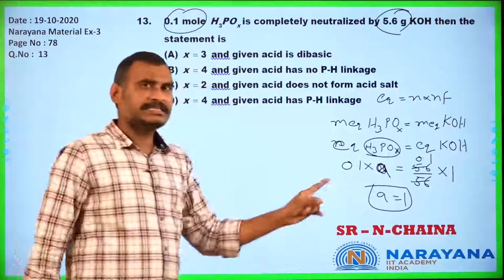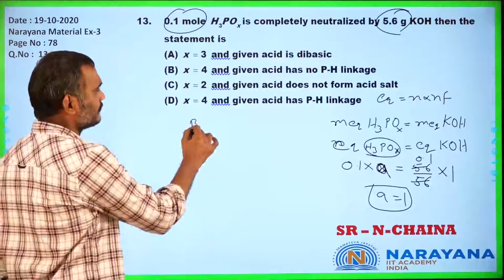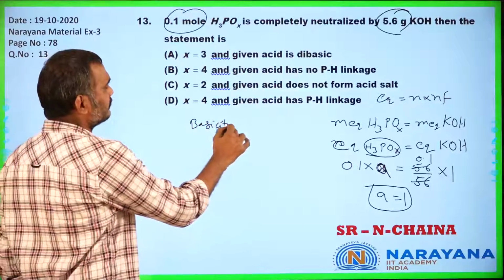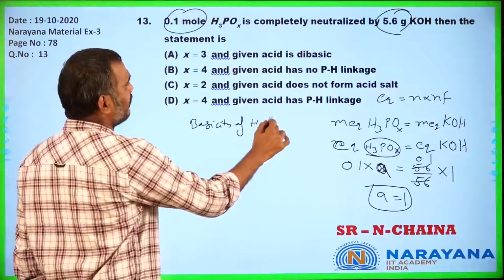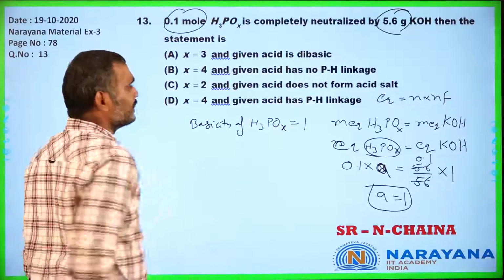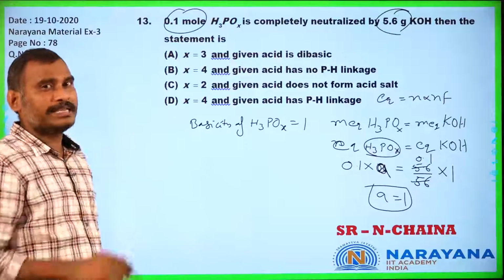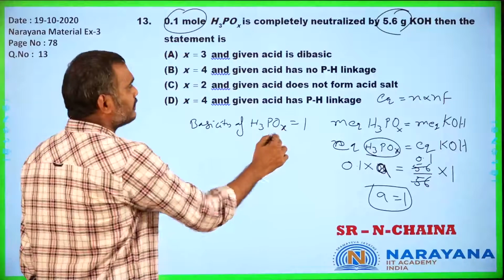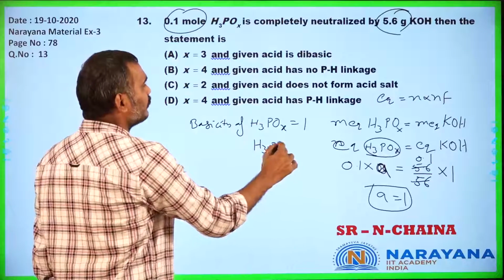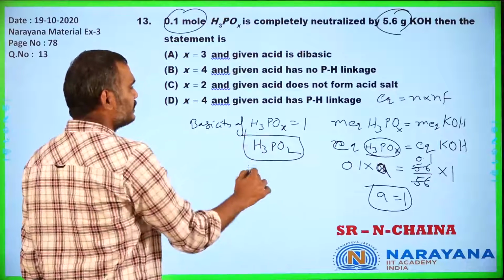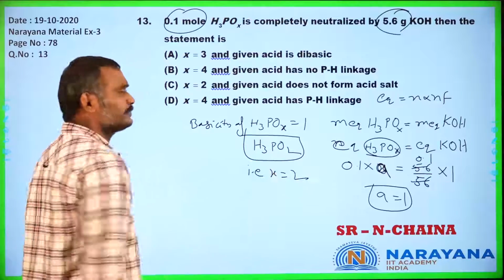And basicity of the acid H3POX is equal to 1. Basicity to be 1, what is the meaning? Only one H plus should be replaceable. That must be H3PO2, that is X is equal to 2.